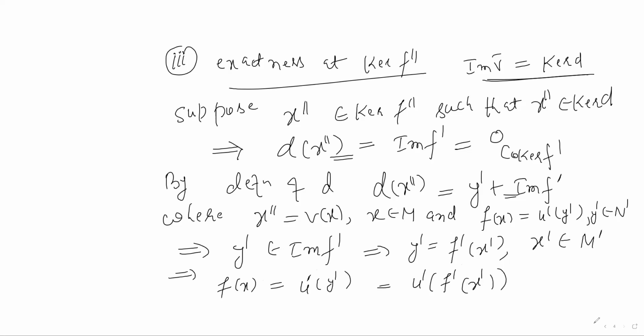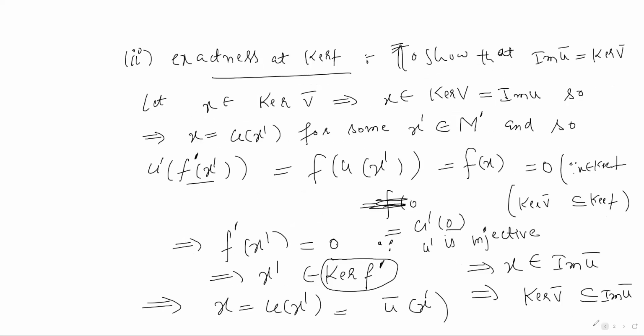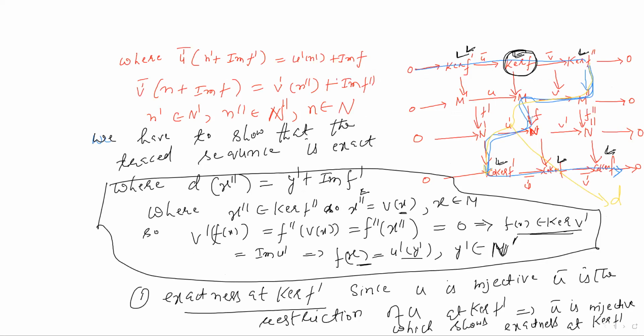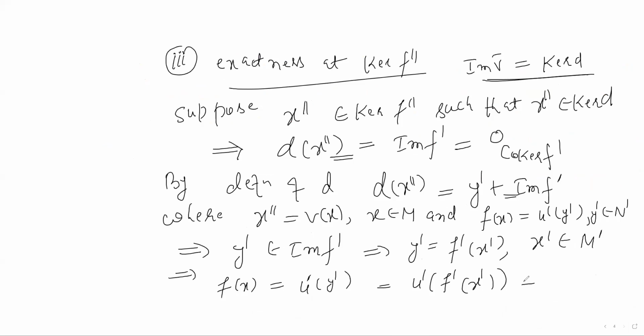Now by commutativity of the square, because this square is commutative, so u dash f dash is fu. So you can just write it as f of u of x dash. So f of x is f of u of x dash. So this means what? This means f of x minus u x dash is 0.